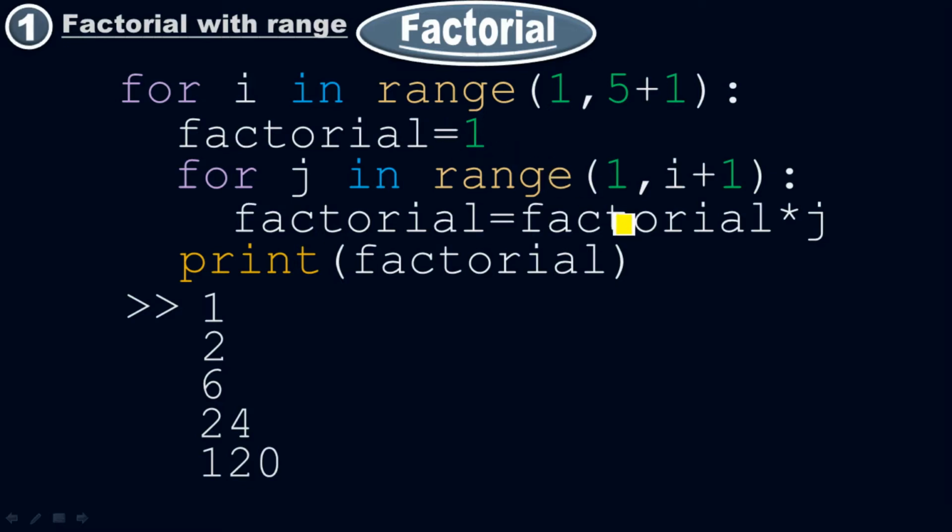So we will have 1 times 2 times 3. Because the previous value was 2 and then it has been incremented by 3. So we will have 1, which is factorial, times 2 times 3.